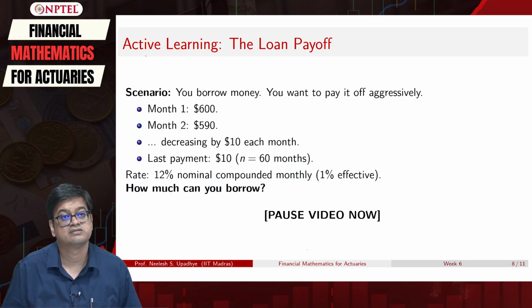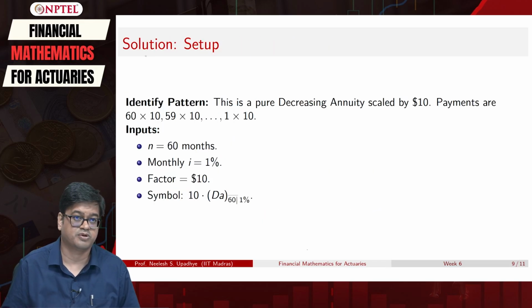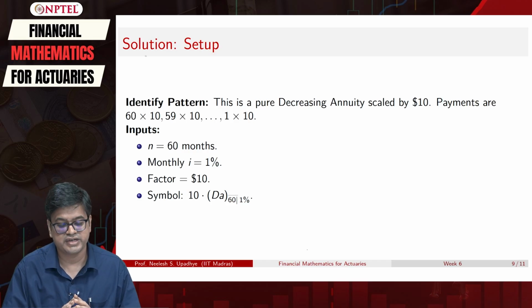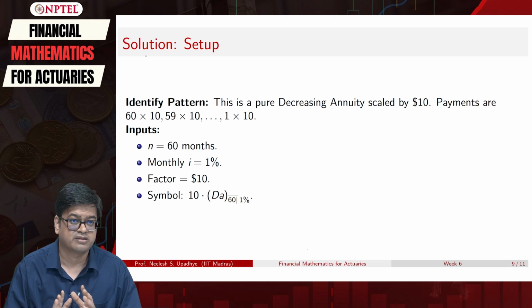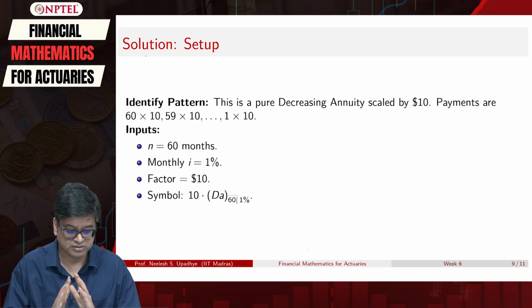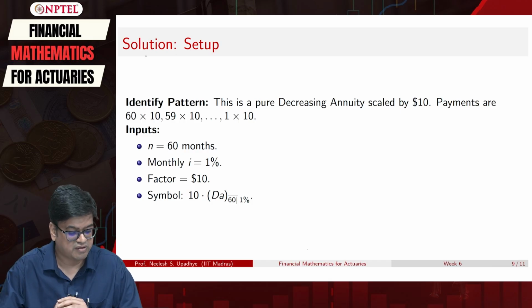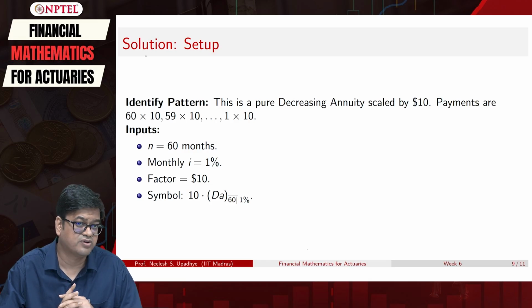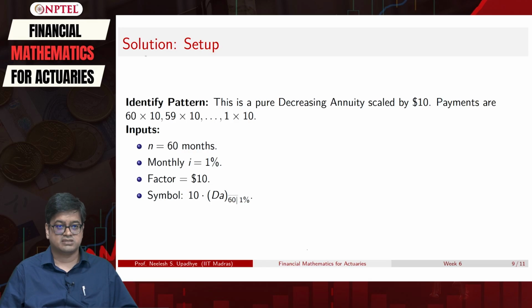Welcome back. So, let us look at the solution of this problem. First of all, I hope all of you have identified that this is a pure decreasing annuity which is scaled by $10. So, P is equal to Q is equal to 10. So, it is a factor of $10. I can simply directly use the decreasing annuity formula on a monthly basis, right.